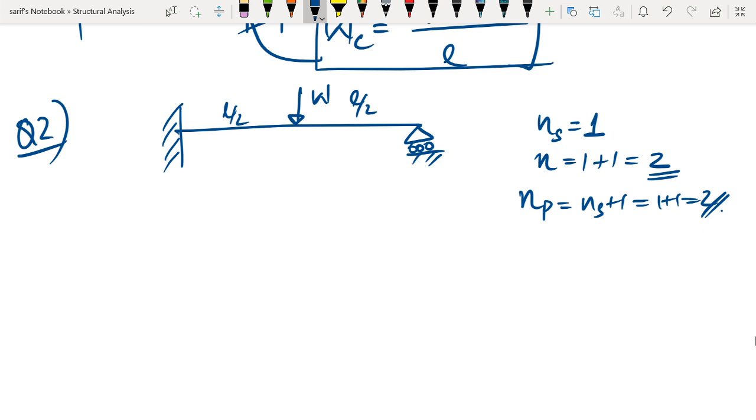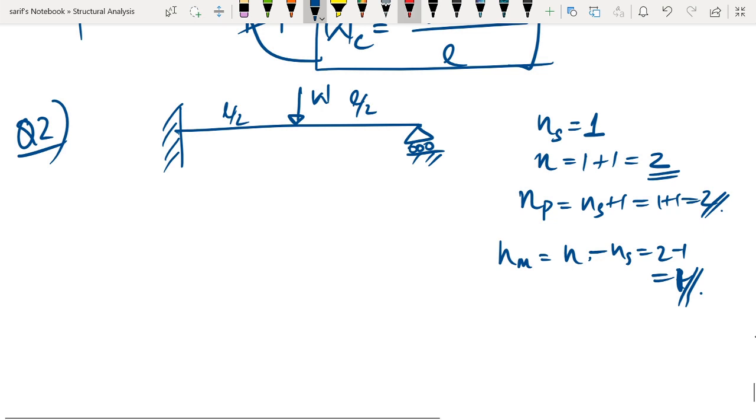And the last thing is, we need to find the number of mechanisms that are possible. That is the number of possible plastic hinges minus ns, so 2 minus 1 gives 1. So only one mechanism is possible, and to form that mechanism we require 2 plastic hinges to be formed.